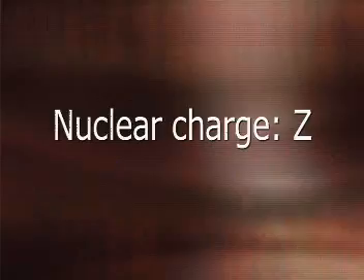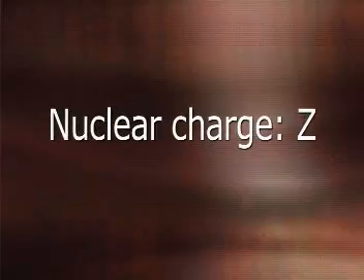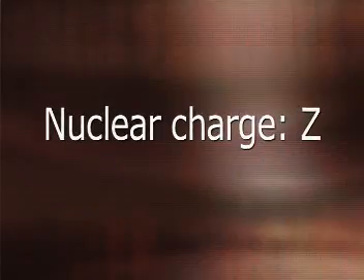The nuclear charge and the effective nuclear charge both can be used to explain the periodic properties of the elements. Nuclear charge is the total positive charge in the nucleus of an atom. An atom's valence electrons, which are the outermost shell electrons, are attracted to the nucleus of the atom.